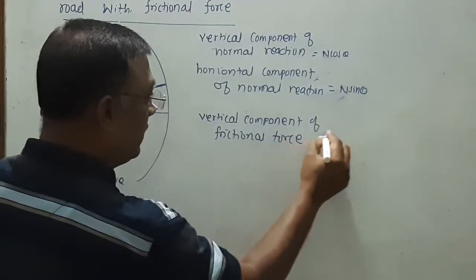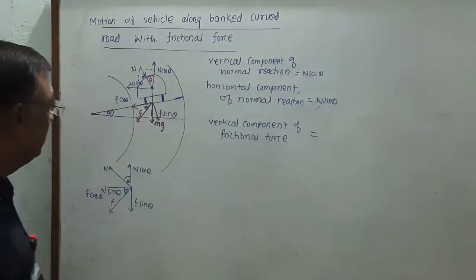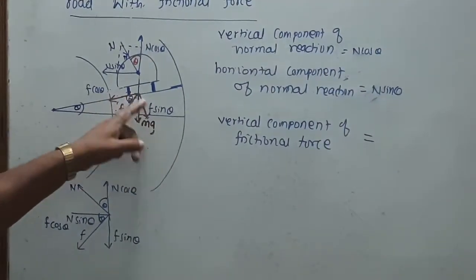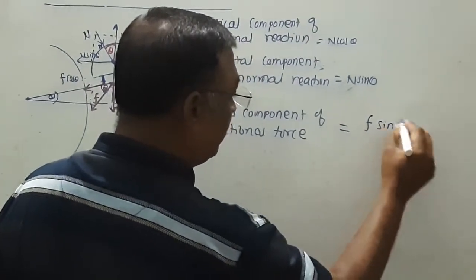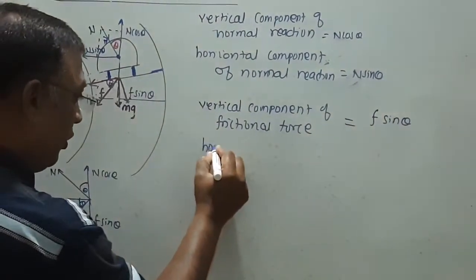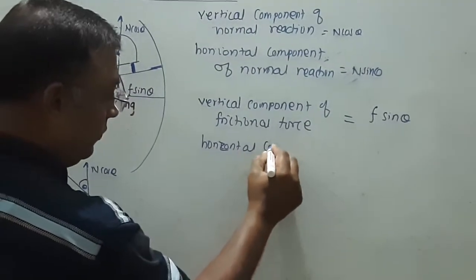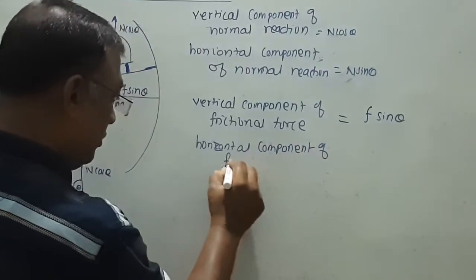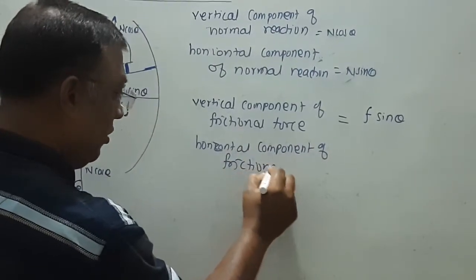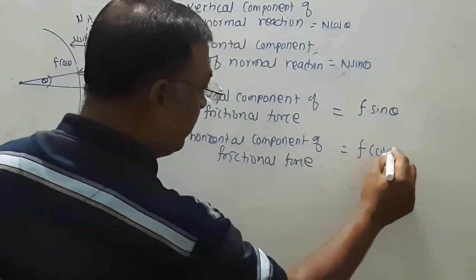The vertical component is nothing but f sin of theta, and the horizontal component of frictional force I can write as f cos of theta.